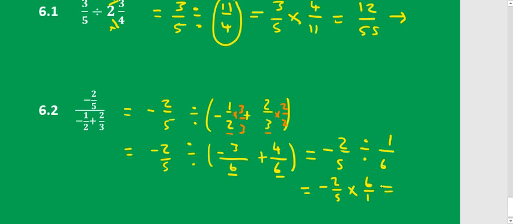Right, so negative 2 multiplied by 6 will give you negative 12. And 5 times 1 will give you 5. To simplify, 5 goes into 12 twice. Alright, 5, 10. So 5 can go into 12 twice. Then from 10 to 12, the remainder will be 2 over that 5. And that is our final solution.